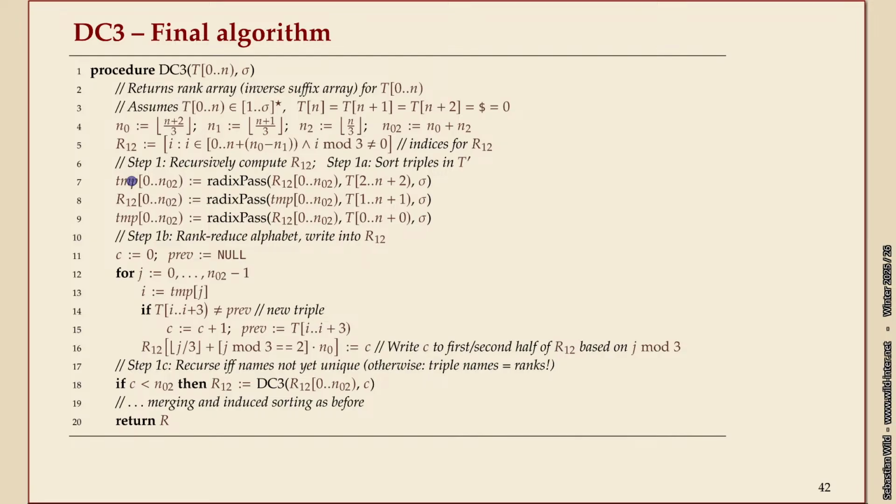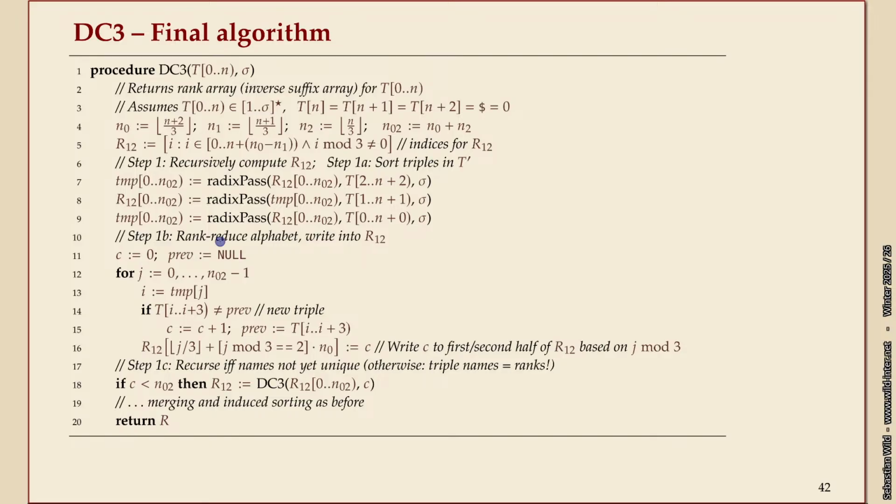From the result of that, because this radix sort is stable, you then go sort these guys according to the second character of the triple, and finally the first character of the triple. So after that, temp will have all the indices in here in the sorted order according to the triple that starts at that position. It's a bit convoluted, but kind of clever, right? Now we have this in sorted order.